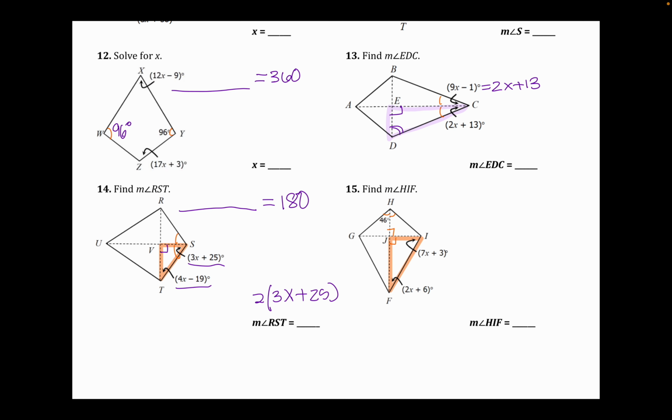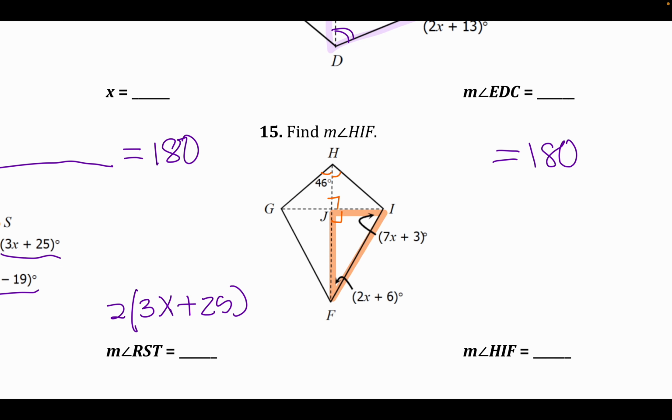Number 15. So again, we have this triangle right here. All three of those measures are going to add up to 180. So add them all to 180. Then if you're trying to find HIF, you can't actually times that by 2.